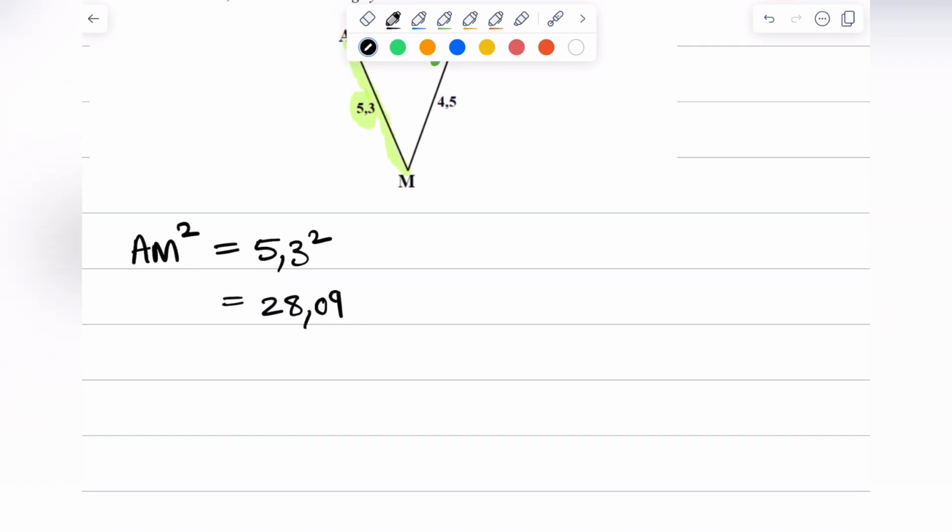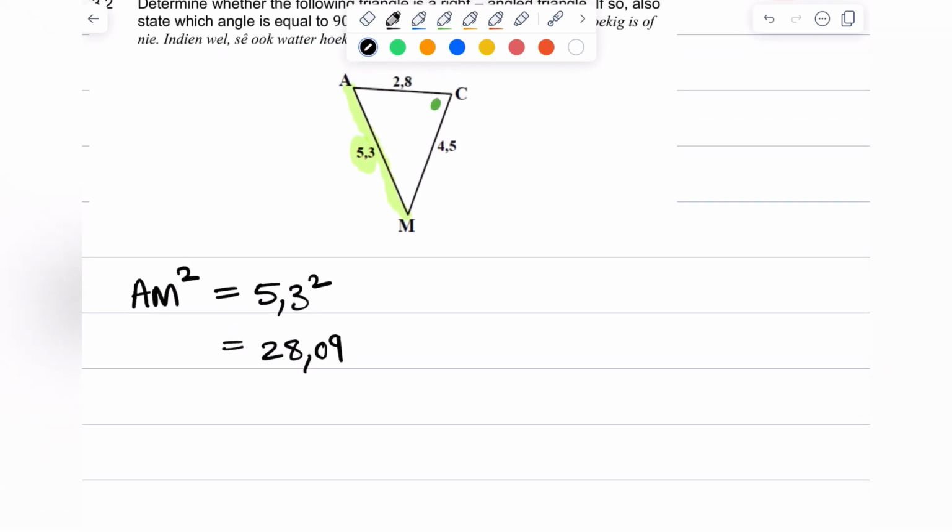And then my next step would be to find out what is the value of AC squared plus CM squared, because those would be the other two sides of the right angle triangle, if it is a right angle triangle.